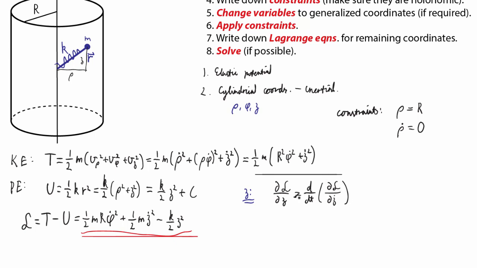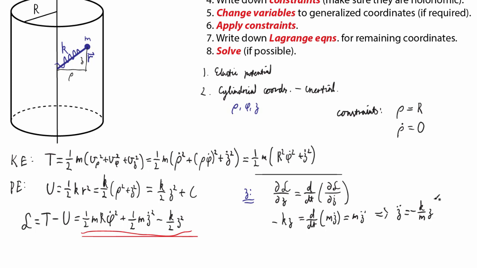Okay, let's look at this. Well, here we just get minus kz. On this side becomes m z dot there, so that is m z double dot. In other words, we have z double dot equals minus k over m times z.